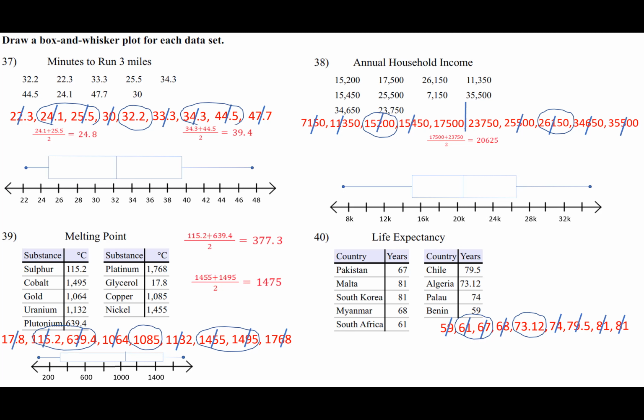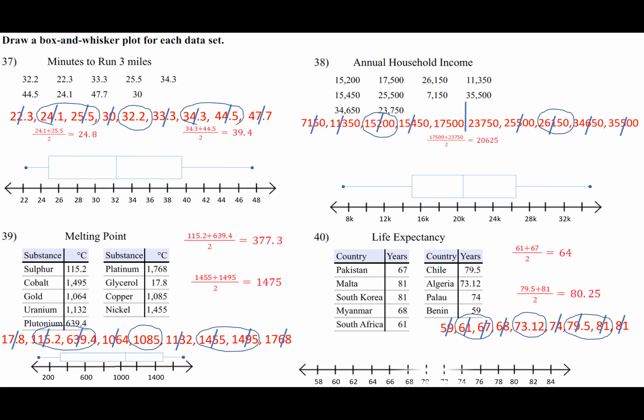For me to know exactly what's in between, let me add my numbers and divide by 2. So my lower quartile is 64. For my upper quartile, let me add 79.5 plus 81 divided by 2. That's going to give me 80.25.